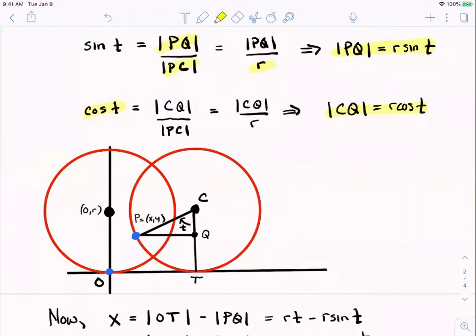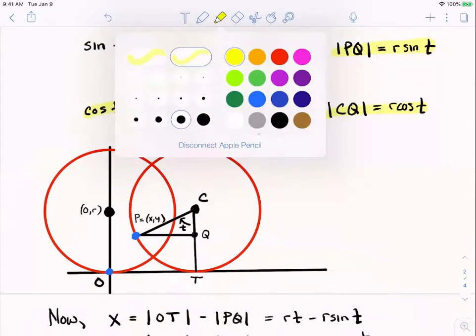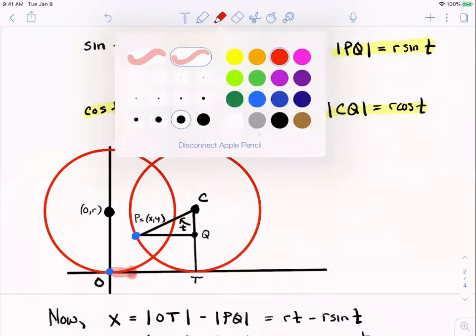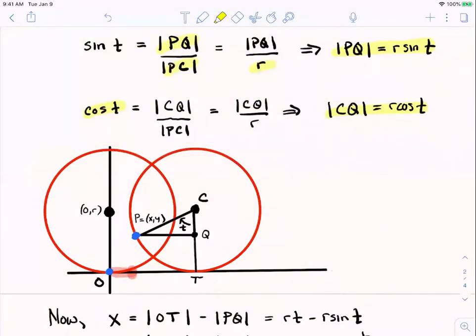Good. I've got the picture copied back down here. How am I going to use those things? I want to figure out what x is. Let me do this in a couple of different colors. x is the x coordinate of P on the x axis. That's right about there, and this distance I'm shading in red has length x. Now let me choose a lighter color. The whole distance from O to T I can think of like that.